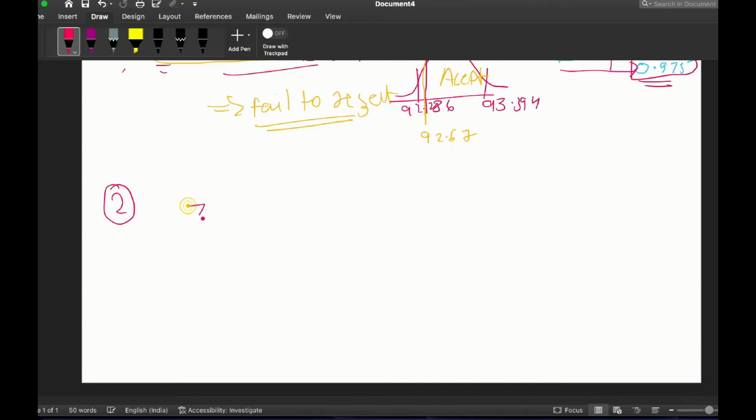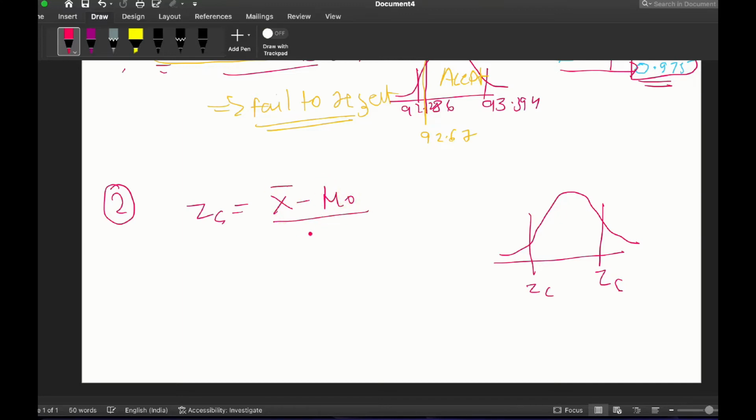We know the critical value formula, that in the graph these are the critical values. So the critical value formula is x bar minus population mean divided by sigma divided by root n. This we have to use in the p value method also. Okay, and we can use it here also. So here we have taken this formula.